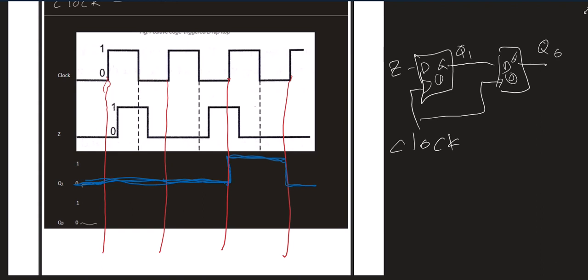Okay, so now Q0 is a little bit different, because the input for Q0 is Q1. And so everything is happening a clock cycle later on Q0 than on Q1.